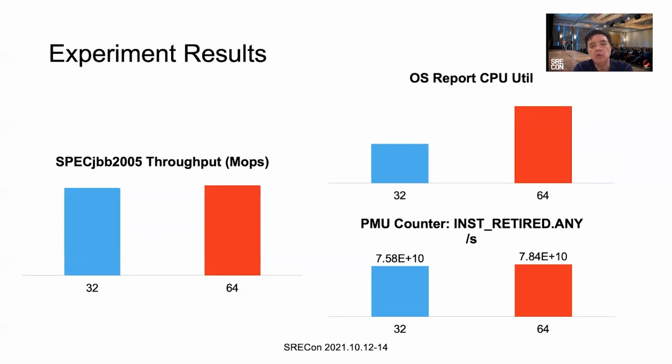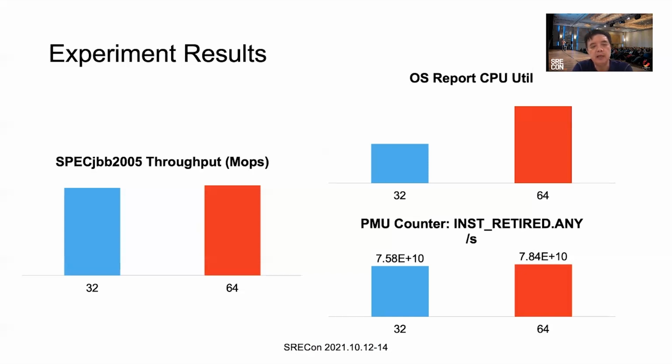However, because we are only running 32 logical CPUs out of 64, as you can see on the figure in the top right corner there, the CPU utilization is reported to be 50%, as we expected, because we are running 32 logical CPUs out of 64.